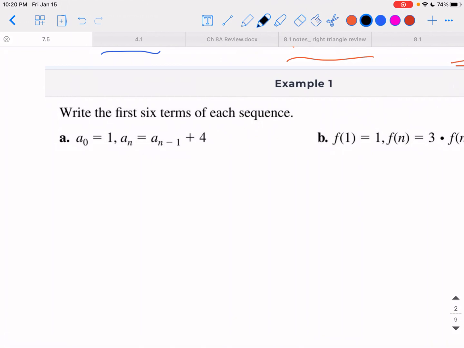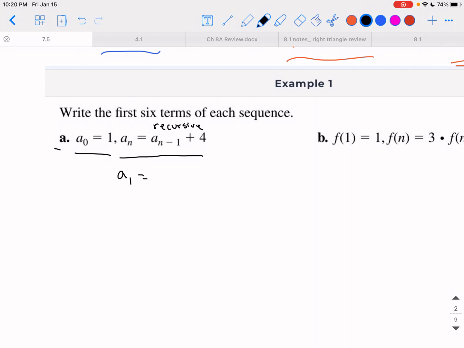Okay, so given here on A, it says a sub 0 is 1, a sub n is equal to a sub n minus 1 plus 4. And this is actually considered a recursive formula like I mentioned up above. Since I know what a sub 0 is, then I can find a sub 1.